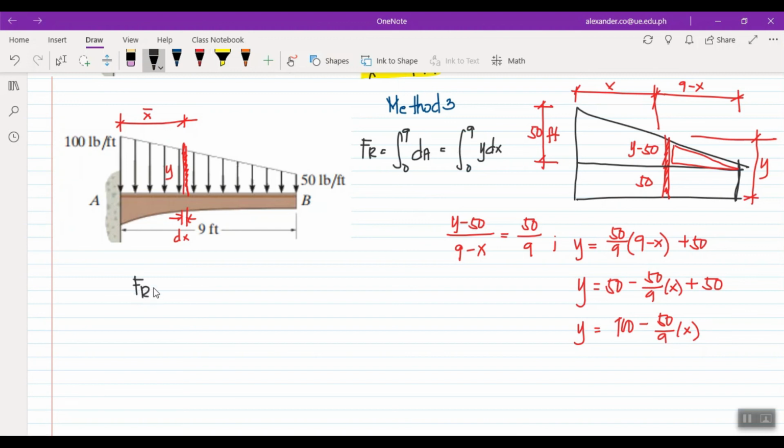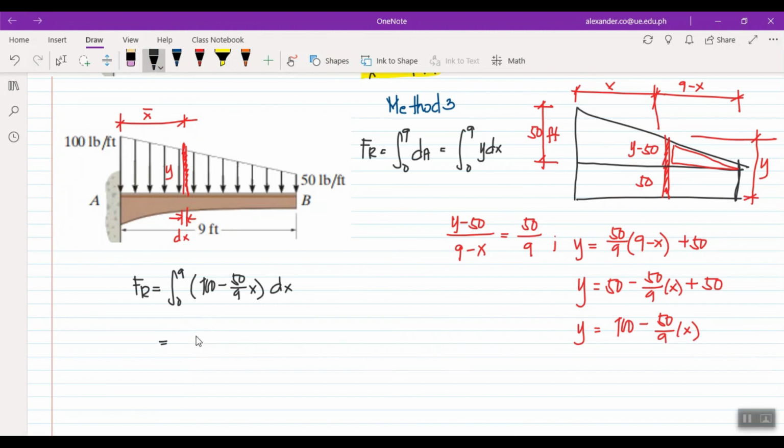F sub r, it's now 0 to 9, at ang y is 100 minus 50 over 9 x dx. Okay, so madali na. Ang nagpahirap lang sa atin, yung pagkuha ng y.